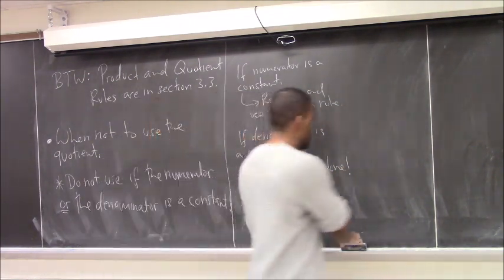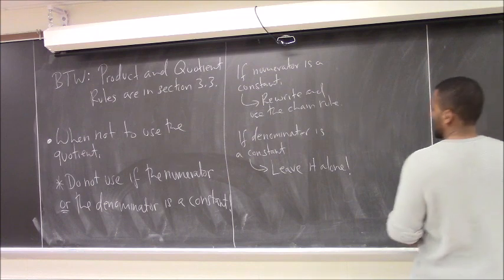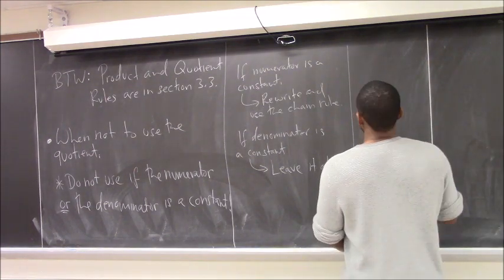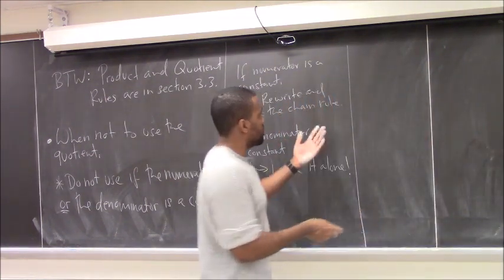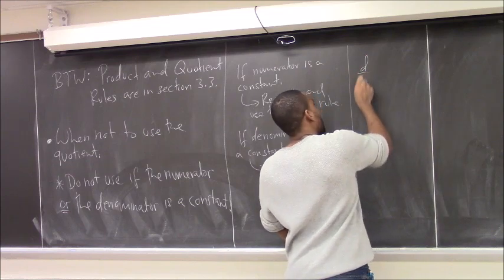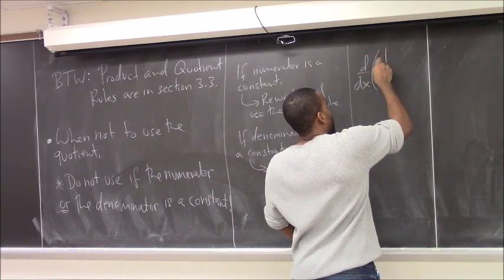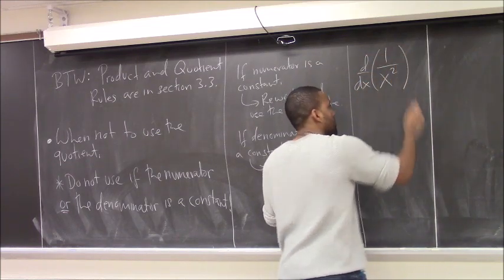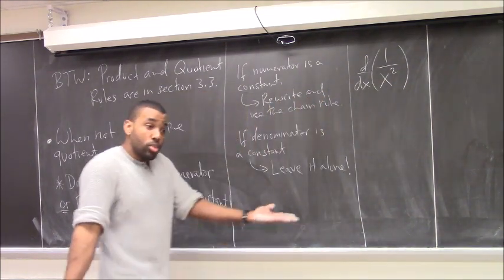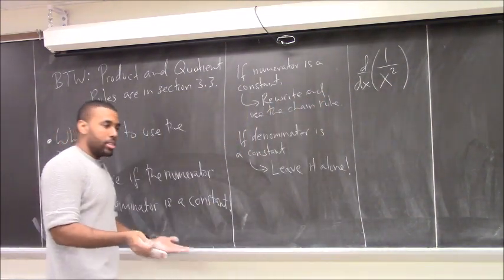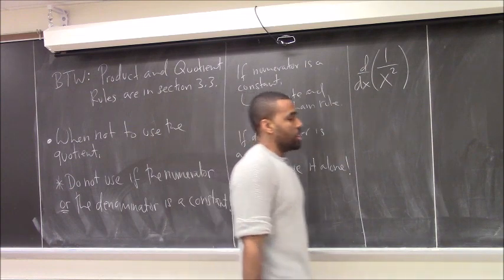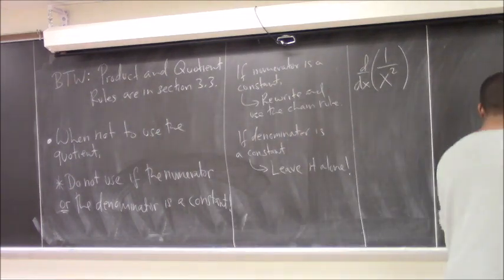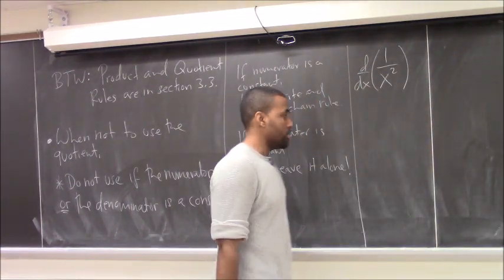Let's illustrate. Let's say I wanted to differentiate something we've looked at before, like 1 over x squared. You could do the quotient rule here, and it would work out. But you wouldn't want to do that. It's really overkill.